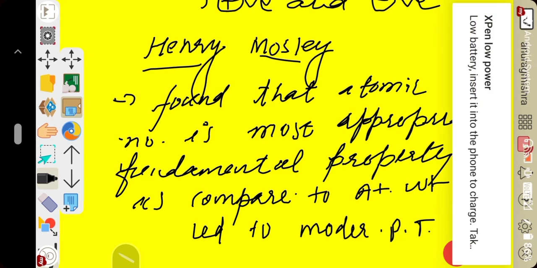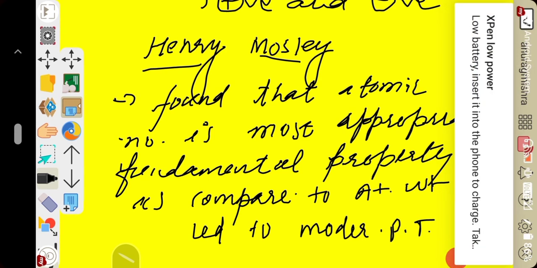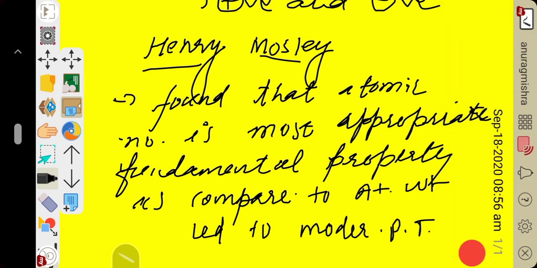Clear? I hope you people understood, right? Now see Henry Moseley's contribution to the development of the periodic table.